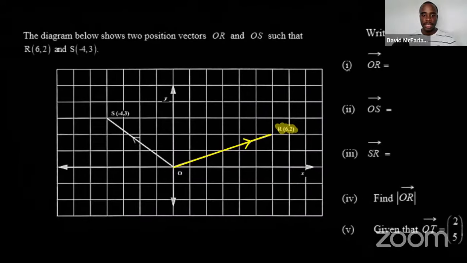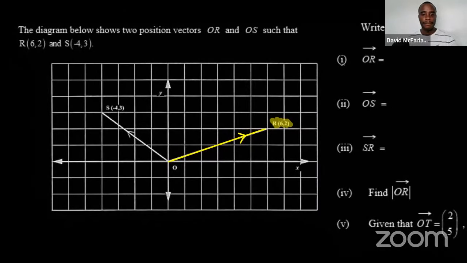That means the vector OR goes 6 units to the right and 2 units up. So that would be the vector OR. Remember, once we know the point, that tells us what the position vector is going to be, and OR is a position vector.